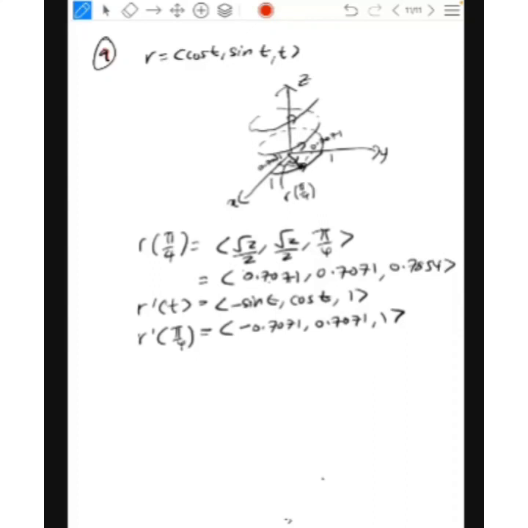And then from here the negative direction goes that way, and then it will go upward. So this is R prime of pi over 4. Just sketch it, okay.